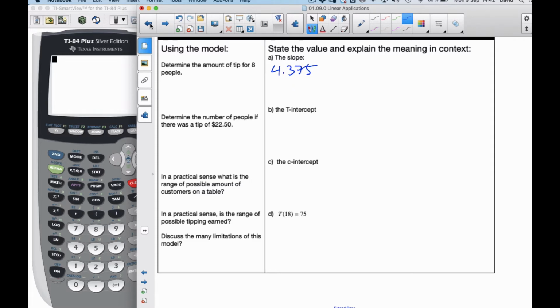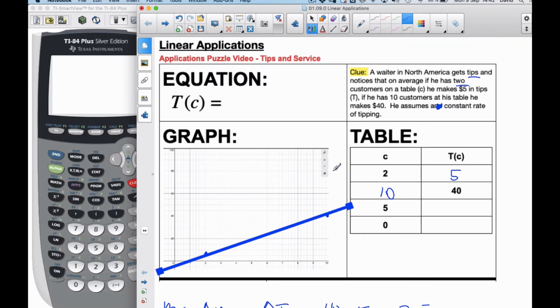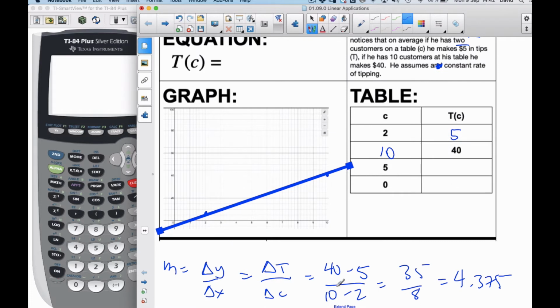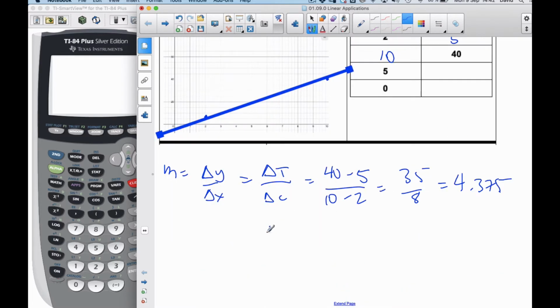And so if I look here, I know my slope is 4.375. But if I want to explain in context, I know that this is 4.375 over like 1. There's a 1 there. And this was tips, which was dollars, and this was customers, C, customers.